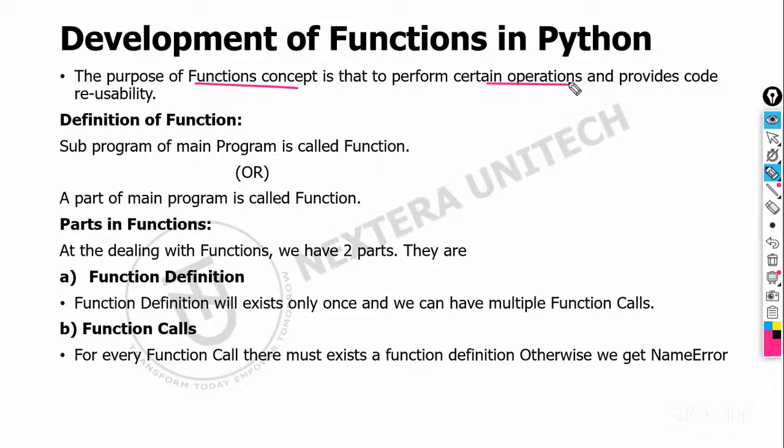So fixed operations can be performed, where it provides code reusability. We can time and again reuse the code. So this is one of the important aspects coming to the topic of functions. A function helps us to reuse the code. Whatever code we keep in a function can be reused.